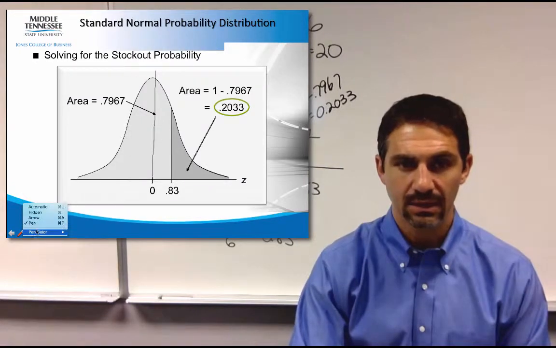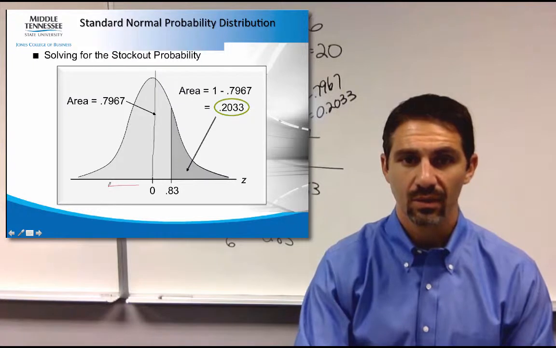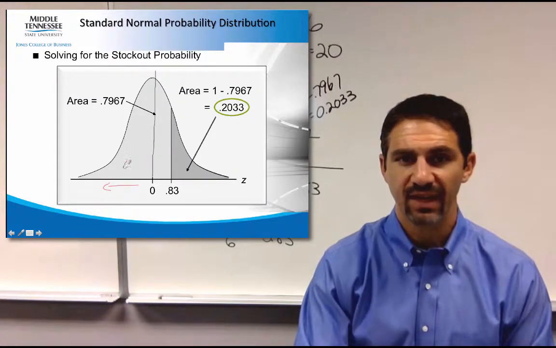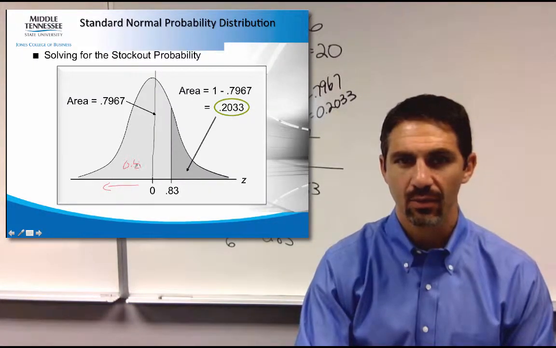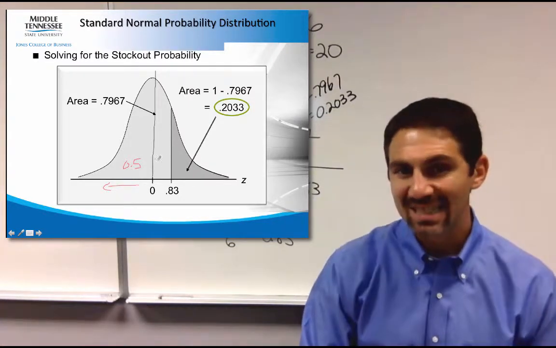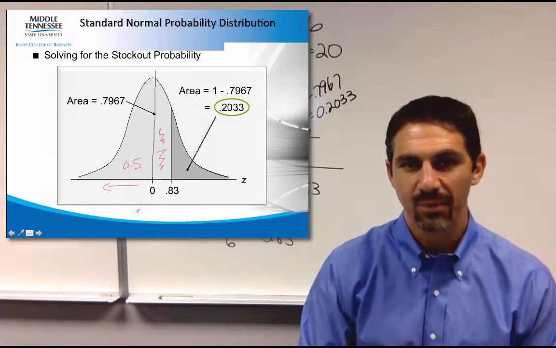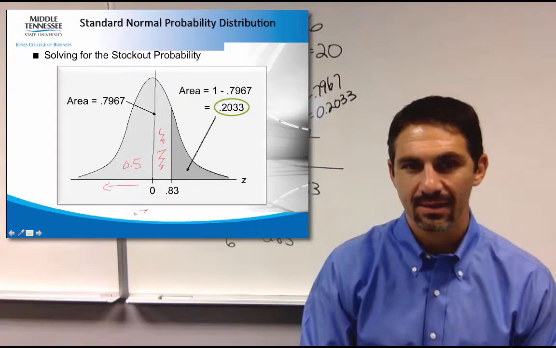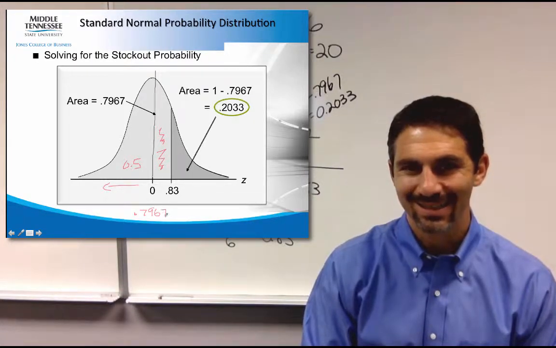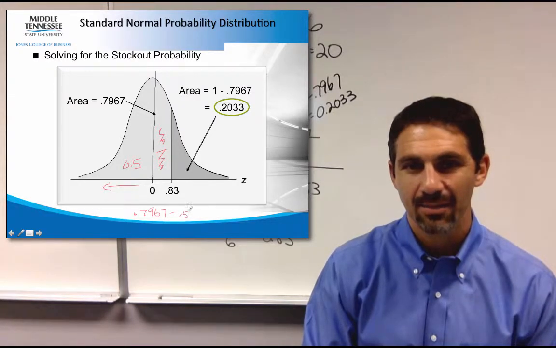And let's see here, let's get a different color. We know that from 0 to negative infinity is 0.5. Don't you love writing with a mouse? Which means this area here is going to be 0.7967 minus 0.5.